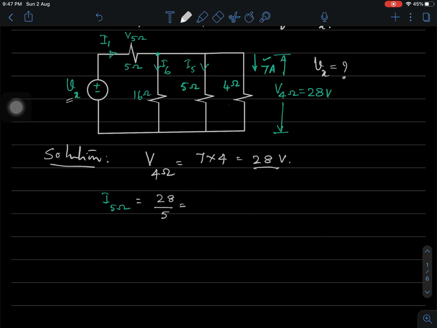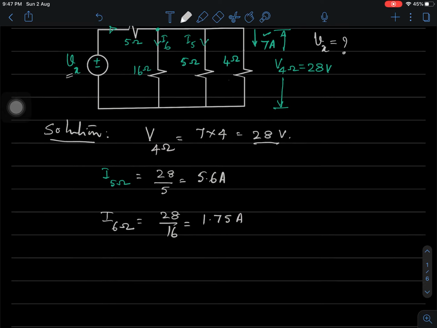I will get the value to be equal to 5.6 amperes. Similarly, I will get the current through the 16 ohm resistor, which again is 28 volts divided by 16 ohms. That comes out to be 1.75 amperes.